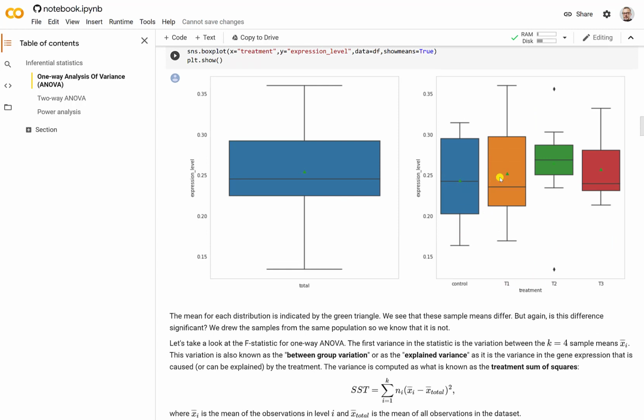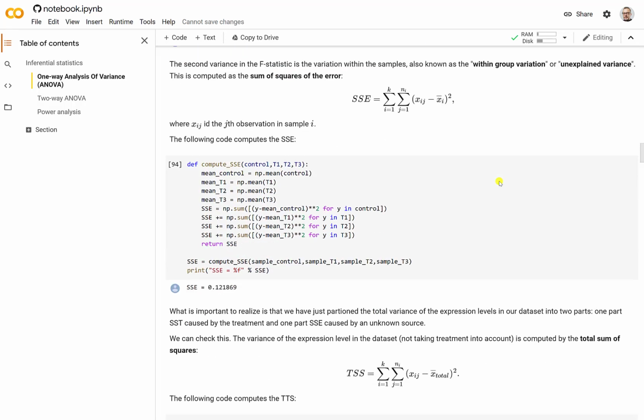So that would be the variance of these 4 means, these 4 green triangles. If that becomes bigger, then we can conclude that there is probably an effect of the drug. If that becomes smaller and smaller, then we can start to conclude that there is no effect of the drug.